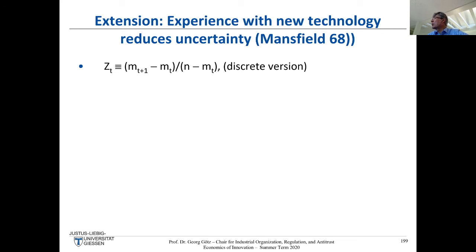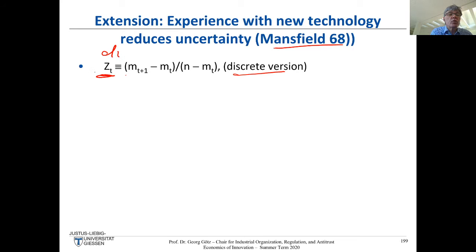The more people are using, say, Windows 10, starting from a situation where everyone uses Windows 7 or even XP and so on, the more people there are, the better information you get about how good this technology works. And so what Mansfield wrote here, he just looks into the discrete change.